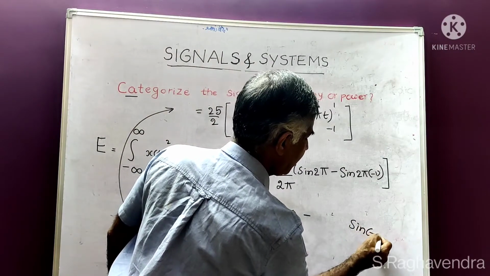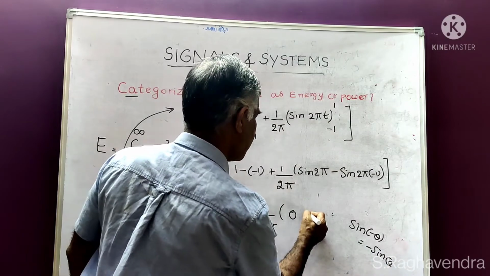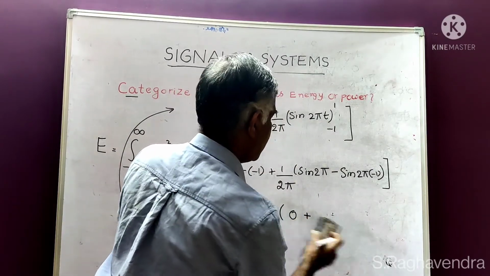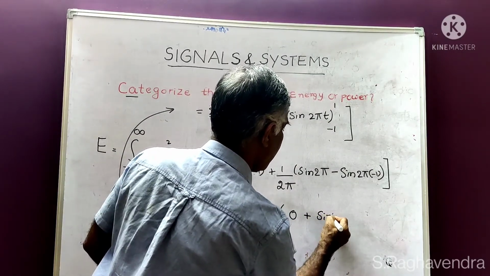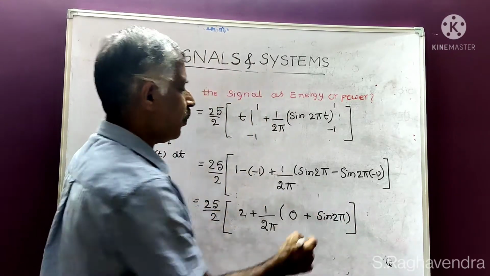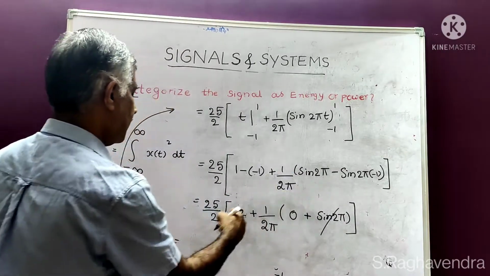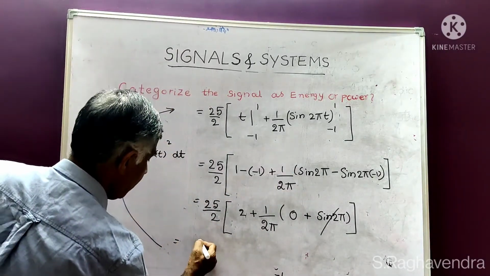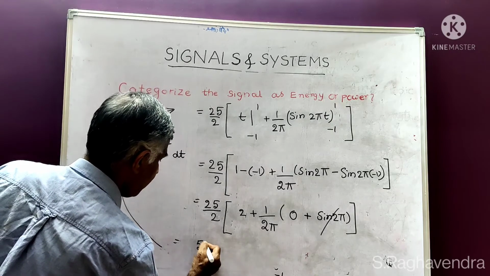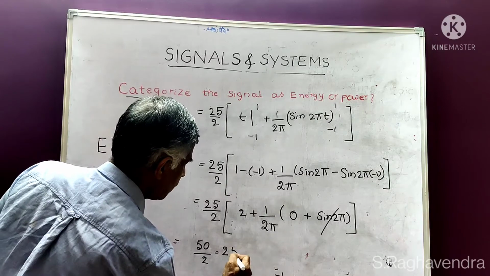Sine of minus theta is equal to minus sine theta, so it becomes plus sine 2 pi, and once again sine 2 pi is 0. Therefore the whole term is 0. Therefore the answer is 50 by 2, or 25.